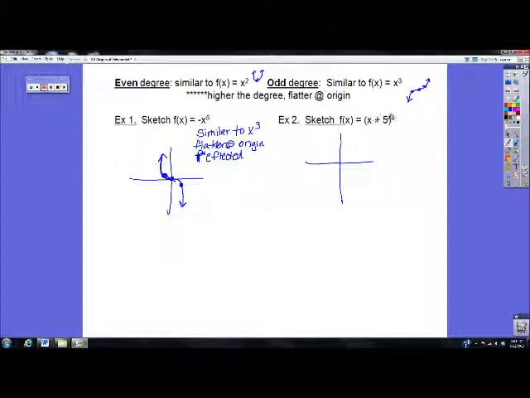This one is x plus 5 to the fourth. Since it is an even degree, it's going to be similar to x squared, but it's going to be a little flatter. I'm not really going to say at the origin because it's not going to be at the origin anymore.